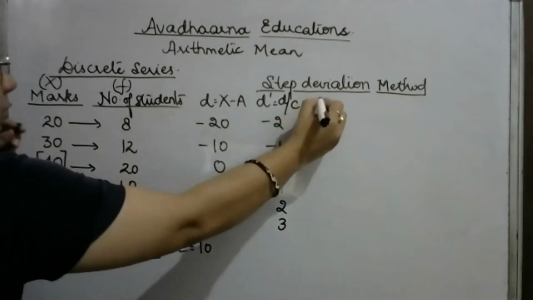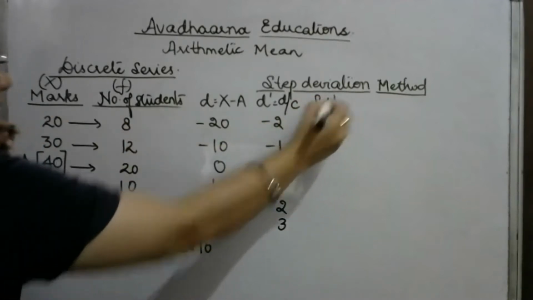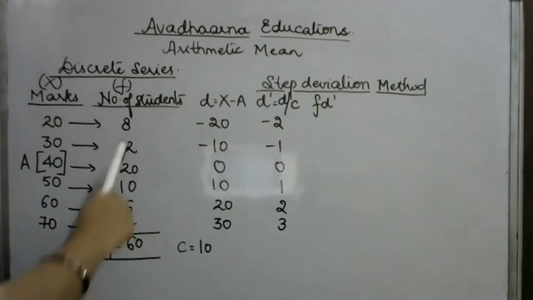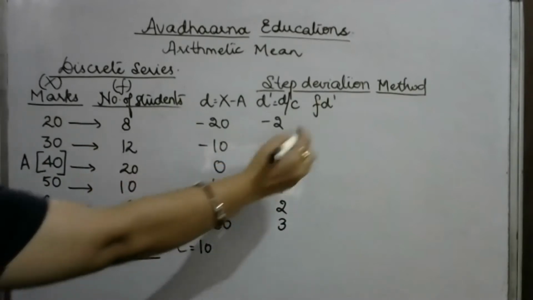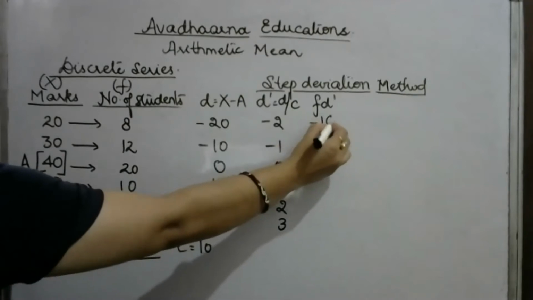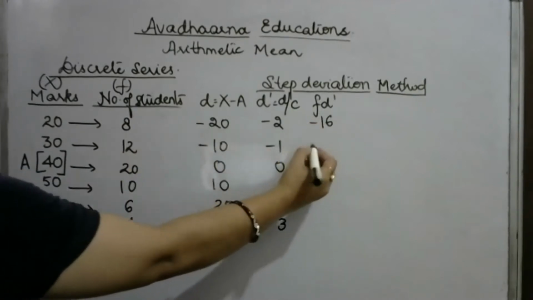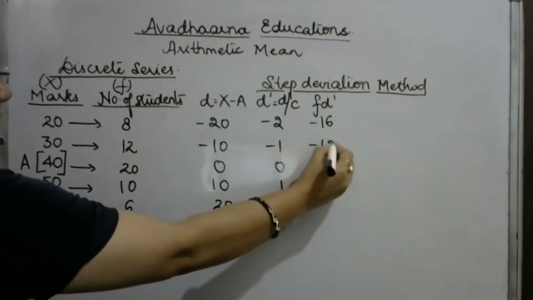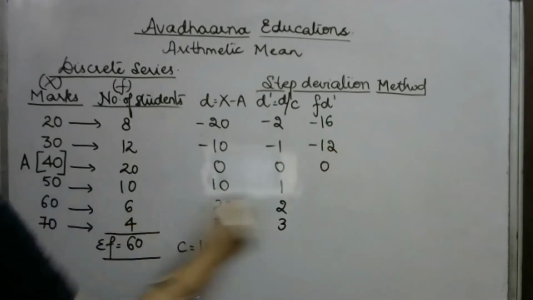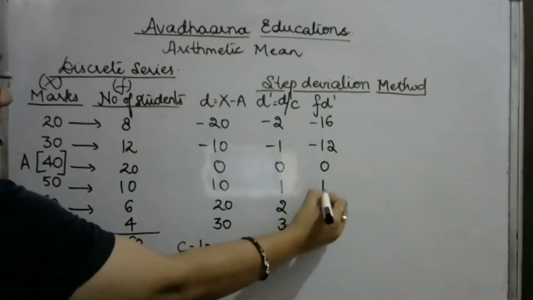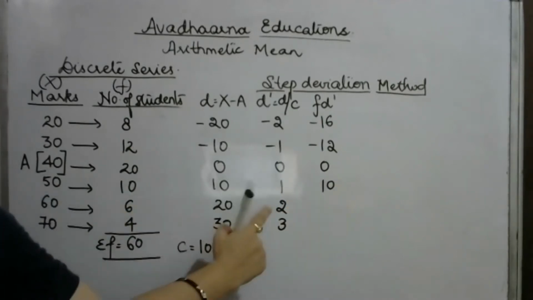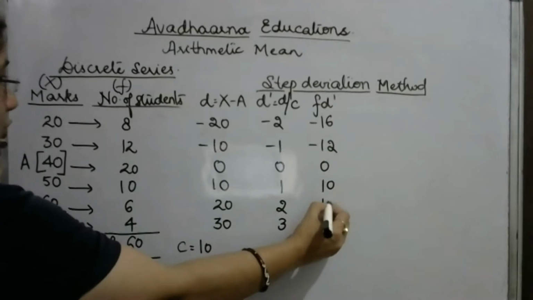Then next step is to calculate FD dash. Fine. So 8 multiplied by -2 is -16. 12 multiplied by -1 is -12. Then 0. Then 10 multiplied by 1 is 10. 6 multiplied by 2 is 12.